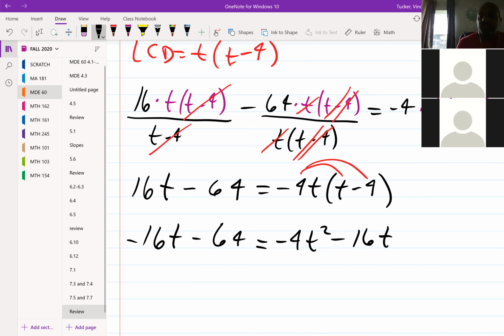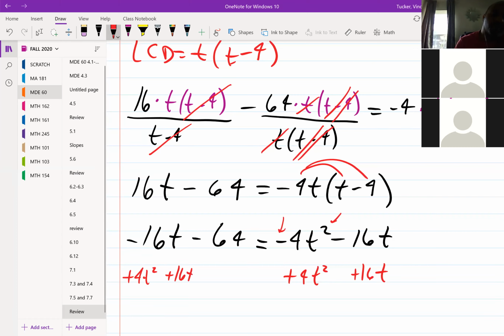So since we have this quadratic setup, we can go ahead and set one side equal to 0. And since I have this as negative, what I would do is go ahead and add that to both sides, and then add this to both sides as well.